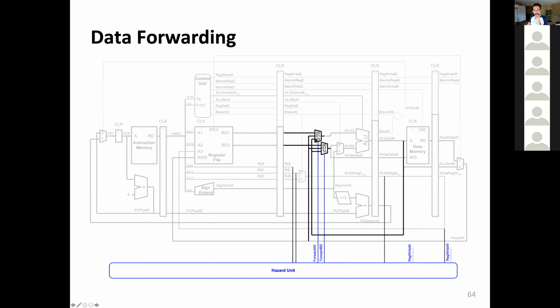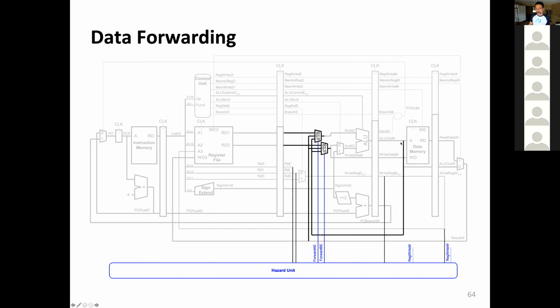If 0, 1, this value is forwarded from the write back stage, right? And 0, 0 is the normal data path that we had before, coming from the previous stage, meaning that no forwarding will happen.